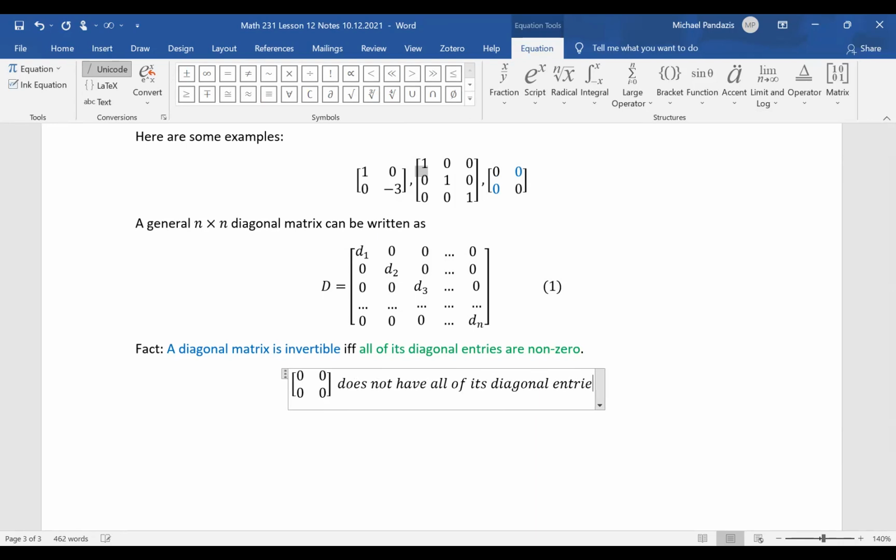It does not have all non-zero diagonal entries, right?